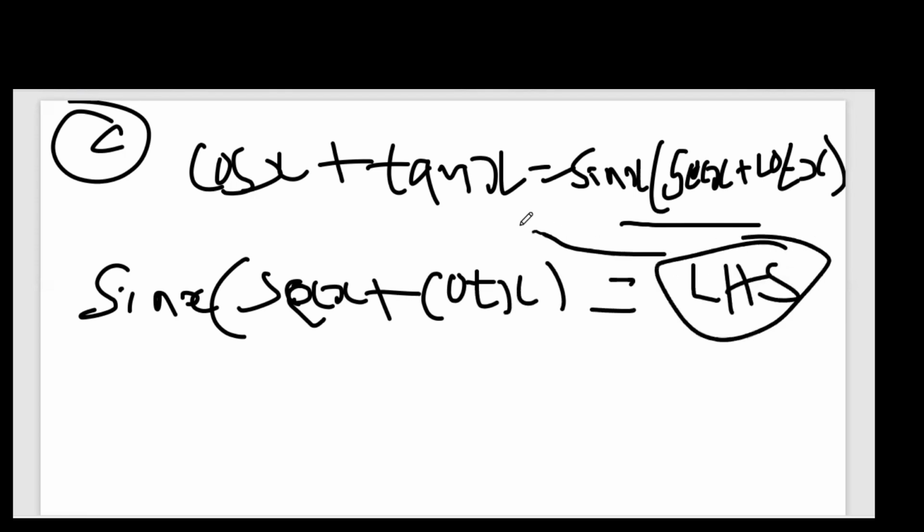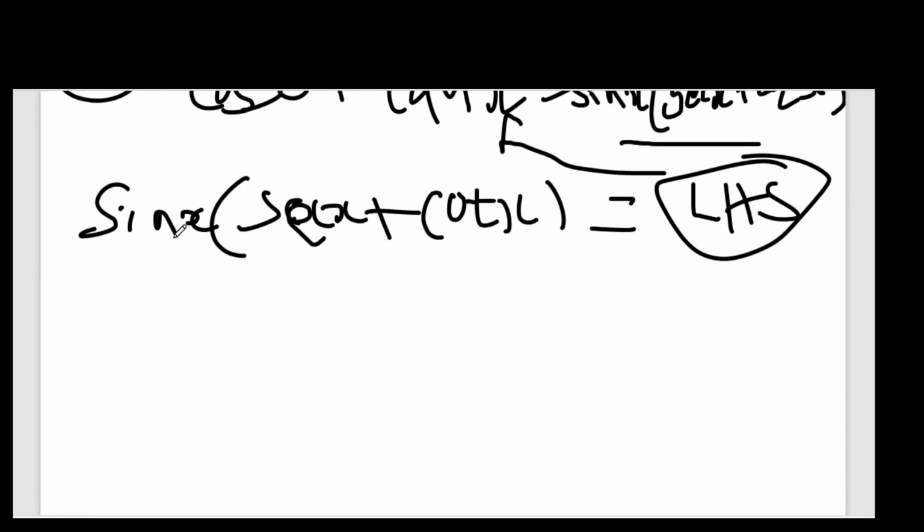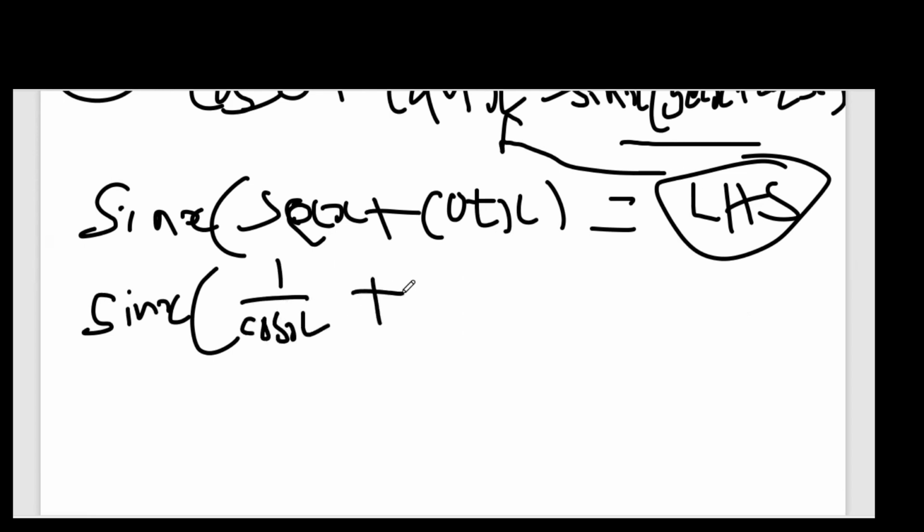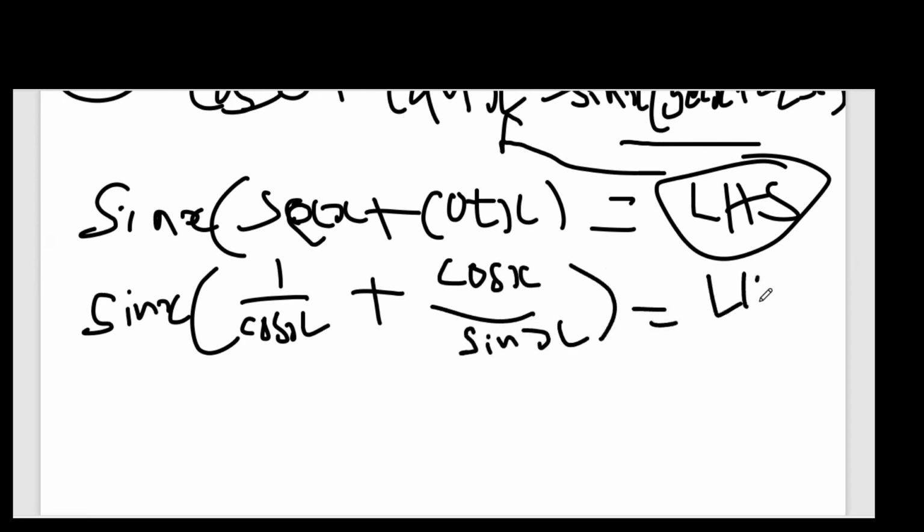From here, what can we do with this? I can simply multiply the sin with whatever I have there. But before I multiply, let me change my sec x to 1 over cos x, plus the cot, which we know is just cos x over sin x. And this should equal the right hand side.